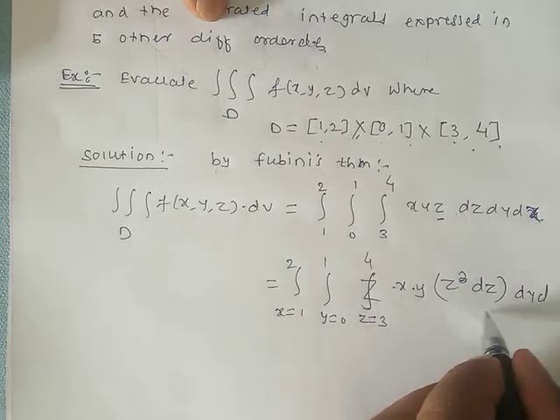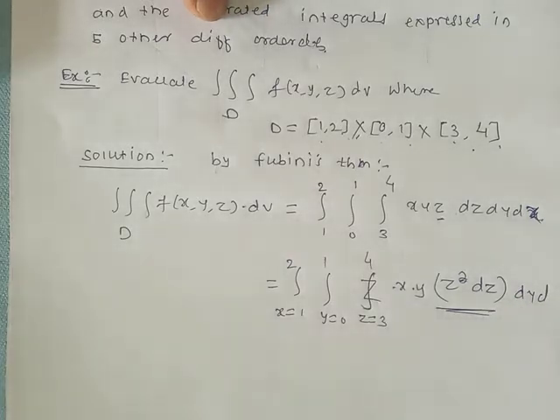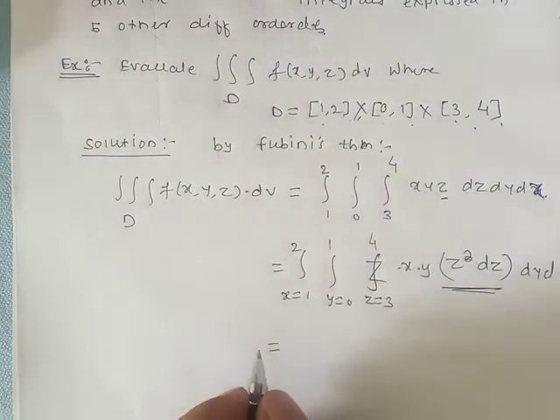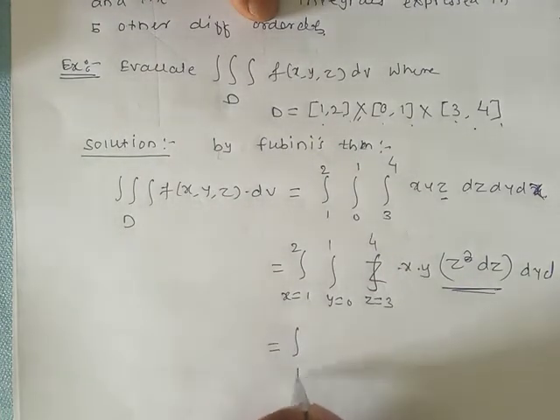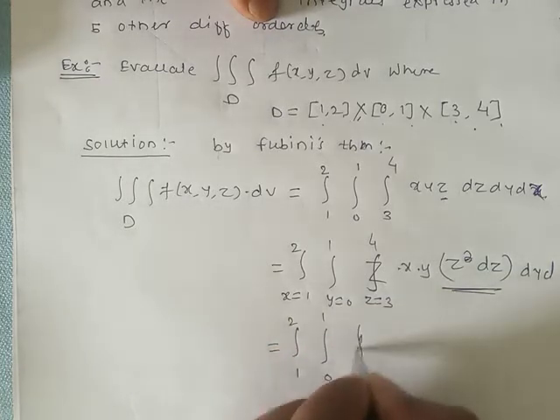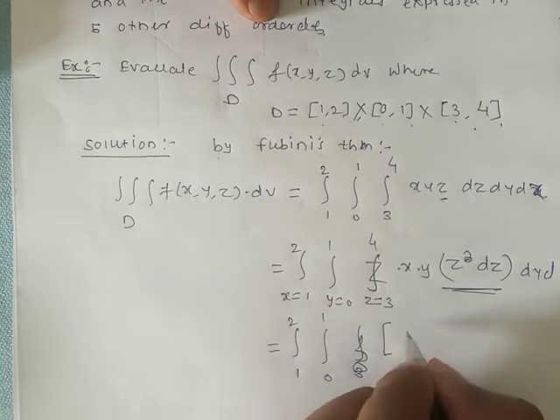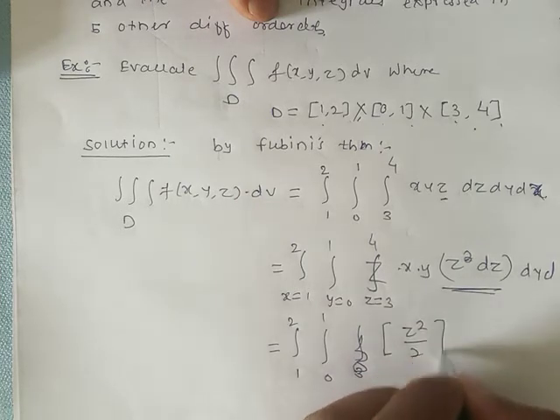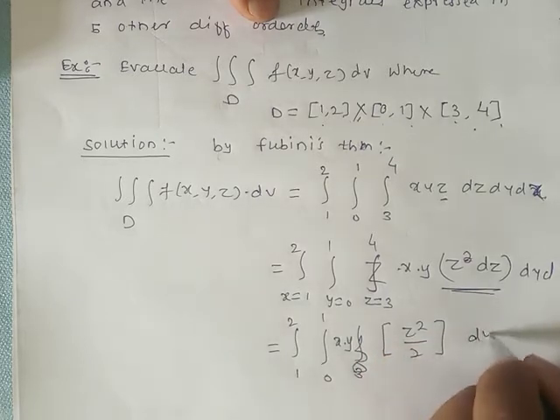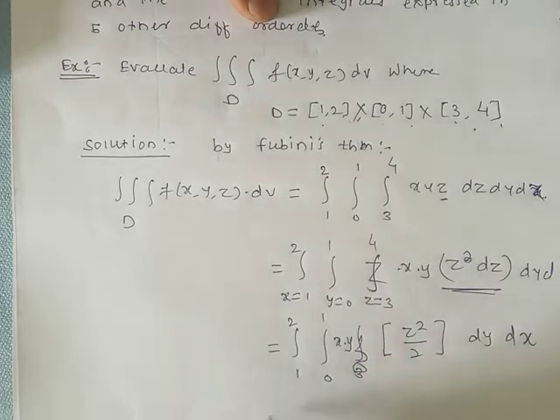The integration of z with respect to z is z square by 2. The remaining terms are as they are, dy dx.